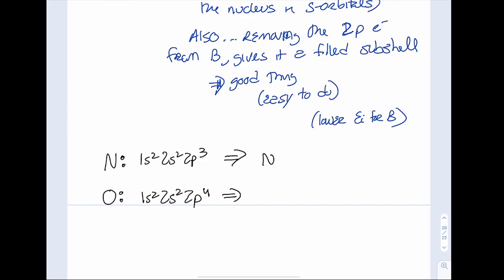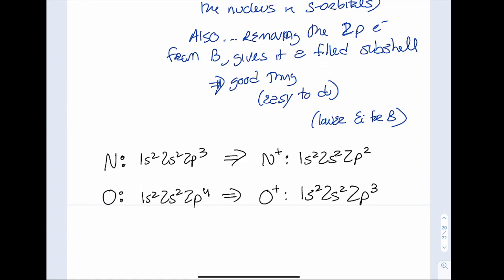So I'm going to nitrogen with a positive charge, 1s2, 2s2, 2p2, right? I had 3, I removed 1, so there's 2 of them now. Oxygen with a positive charge, 1s2, 2s2, 2p3. So of these, which one's more difficult to do? Which one's going to have the higher ionization energy? What are your thoughts?